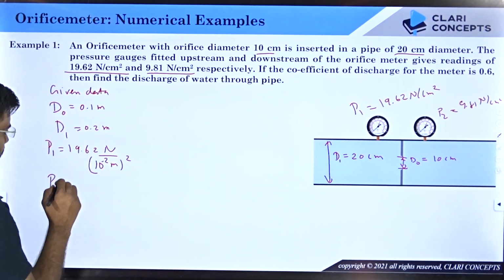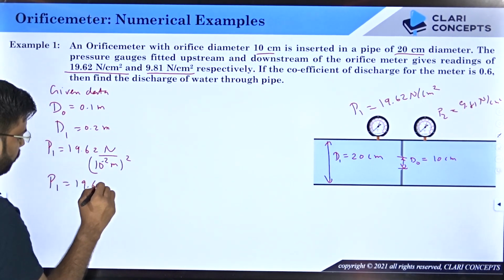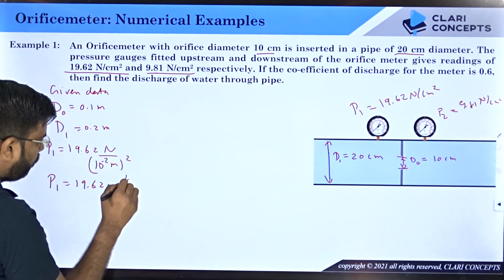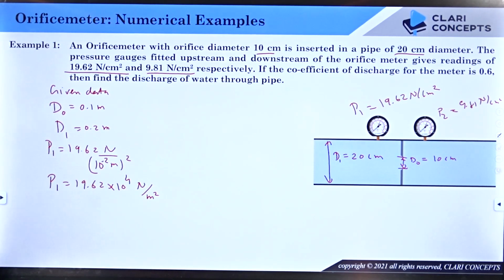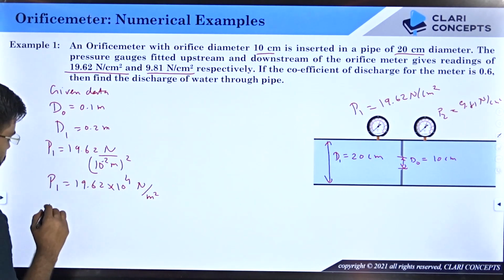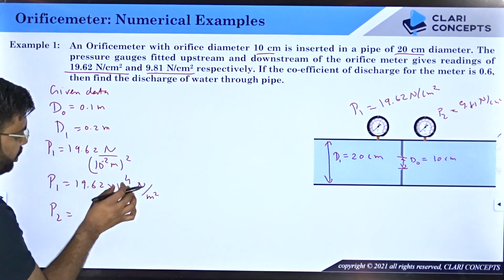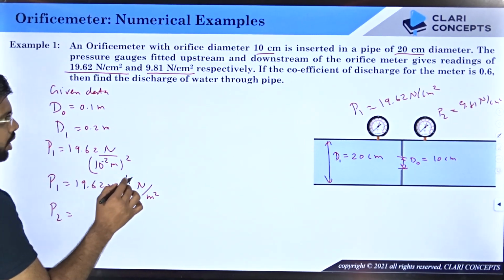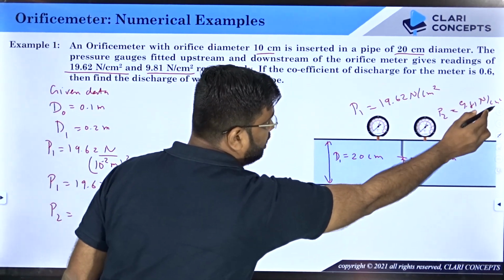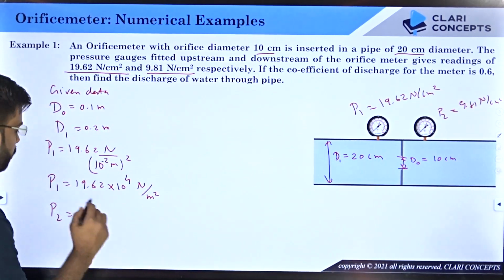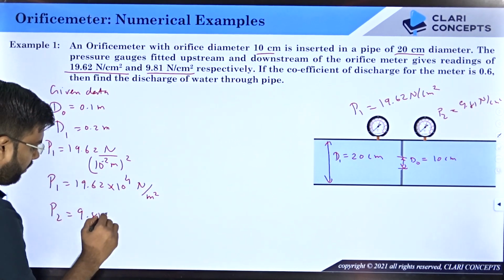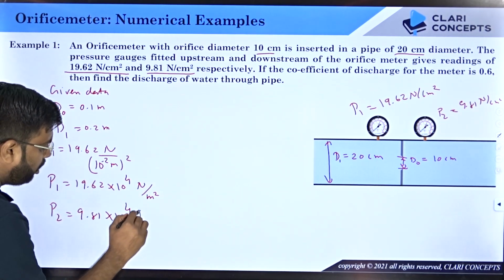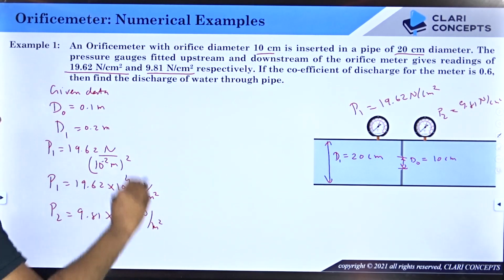So, P1 equals 19.62 into 10 raised to 4 Newton per meter square. Simple, right? P2 can also be written in the same way: you just put the conversion factor 10 to the power 4 to convert from Newton per centimeter square into Newton per meter square. So P2 is 9.81 Newton per centimeter square multiplied by 10 to the power 4.